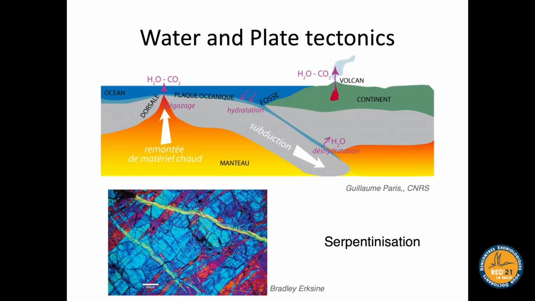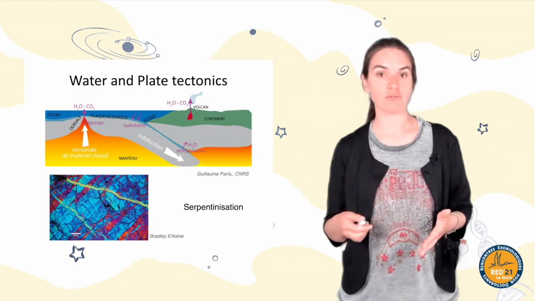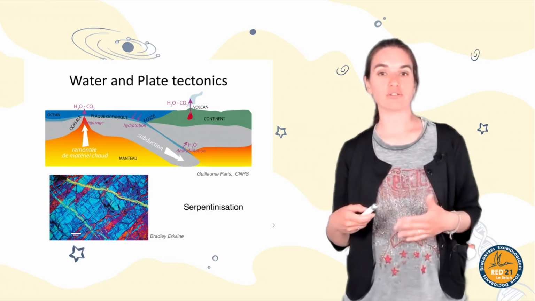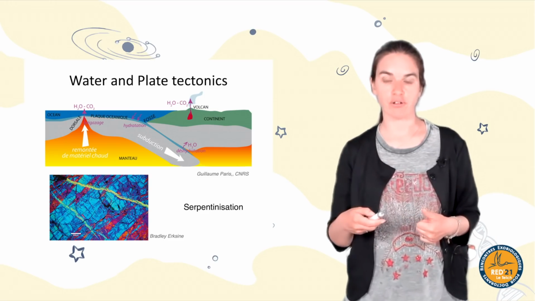So this is the alteration of any kind of oceanic basalt. And serpentinite is a mineral that is fibrous and that facilitates the subduction of rocks into the mantle. So without any water and without any ocean water, it would be very difficult to do subduction and to have plate tectonics as we know now.